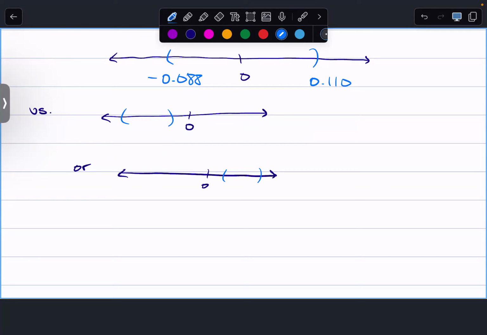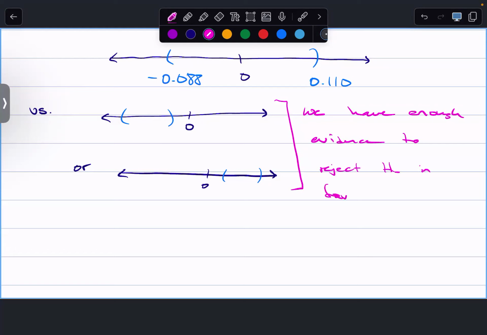And so then there is a significant difference. And so here, then we have enough evidence to reject H0 in favor of HA.